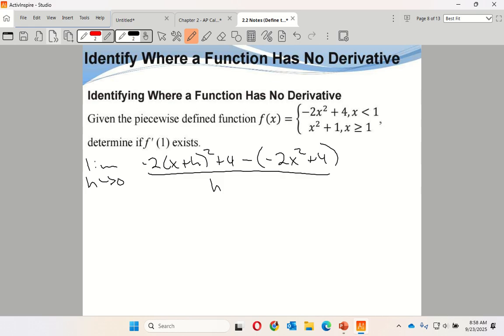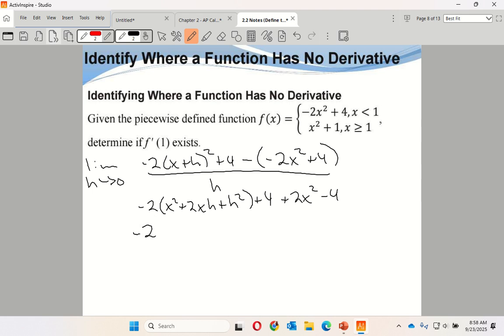Doing the math, negative 2 times x squared plus 2xh plus h squared, plus 4, and then distribute, so plus 2x squared minus 4. And all this is over h, but I'm going to distribute.